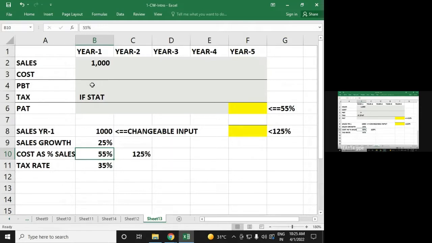There is something wrong in the model. In tax, in a loss you are getting tax from the government. That is what the model is saying right now. So you put an if condition in tax. Correct.